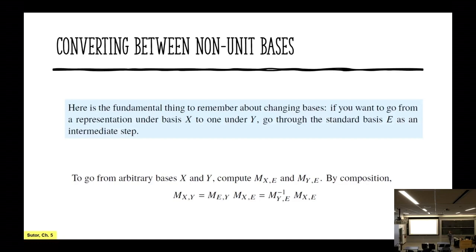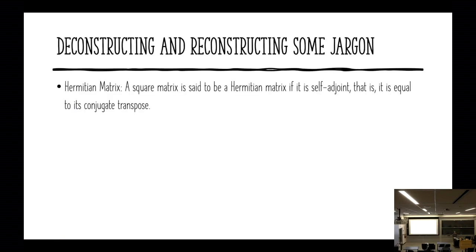So you can always step from x to e, and then from e to y, or use the inverse of y, to get from x to y. So the standard basis is your friend when you're doing change of basis, and your two bases are not the standard basis.